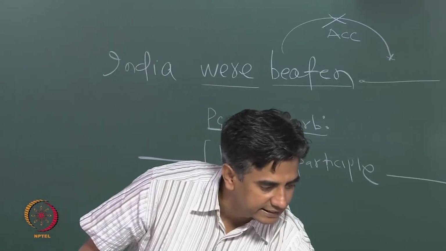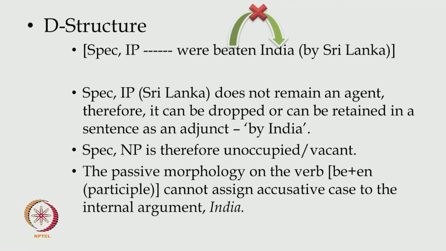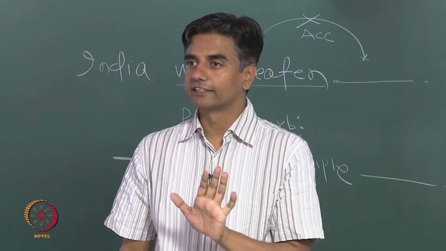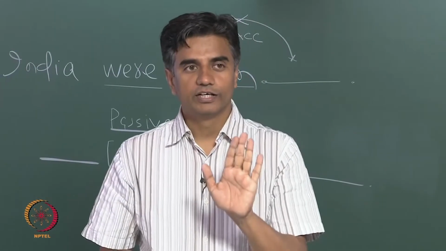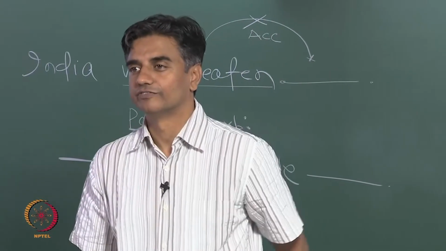The active sentence, the passive sentence does not allow it. Rather, one of the features of the passive verb is such that the verb is still transitive, but the verb does not have the capacity to assign accusative case to it.